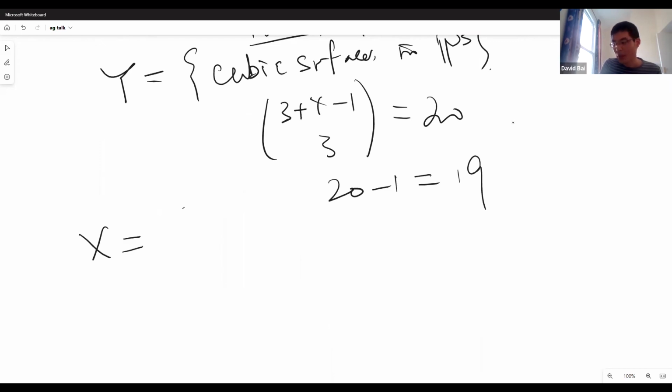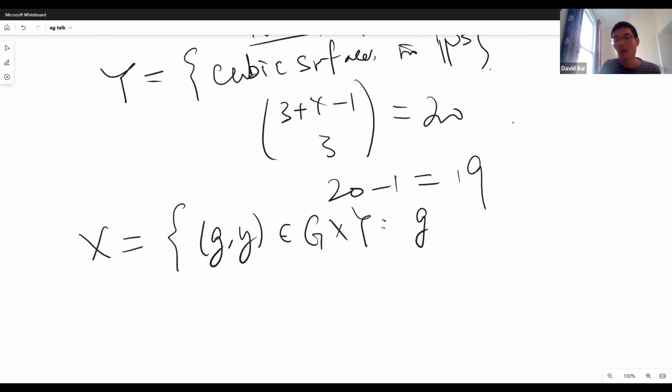Now X is something weird. X is the subset of the product set G times Y such that G, which is a line, is contained in Y, which is the surface. We care about this because we want to know when a line is lying on a surface.